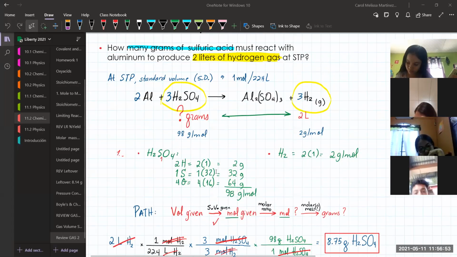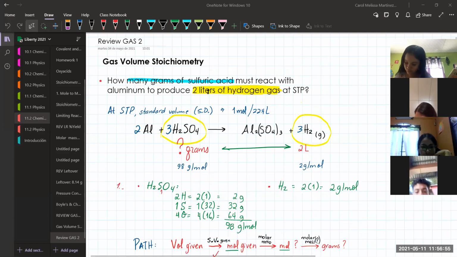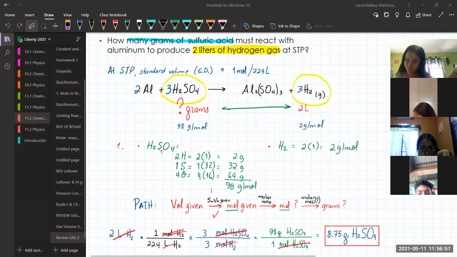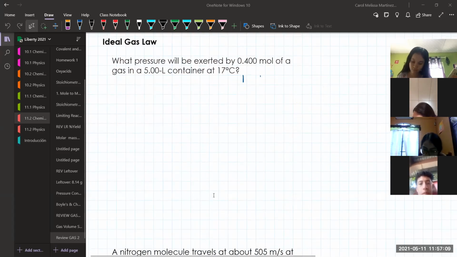Okay, so this is the review of gas volume stoichiometry. I cannot give you more examples because there are many possibilities, but just try to remember what we saw in the first partial. Now, what happens with the ideal gas law?